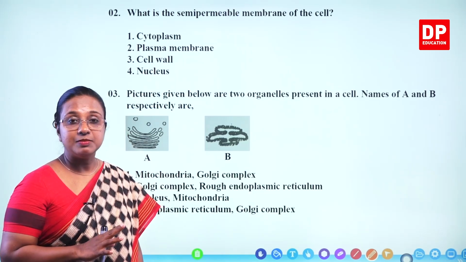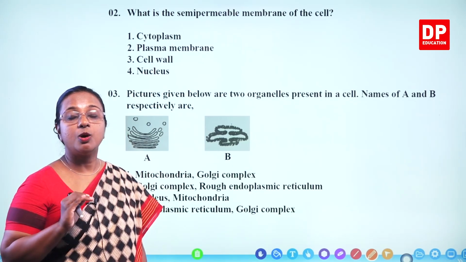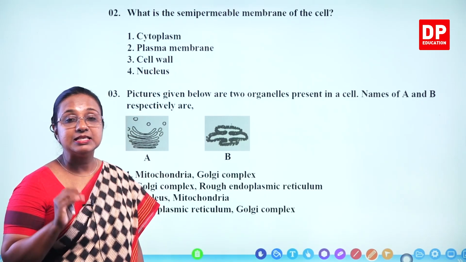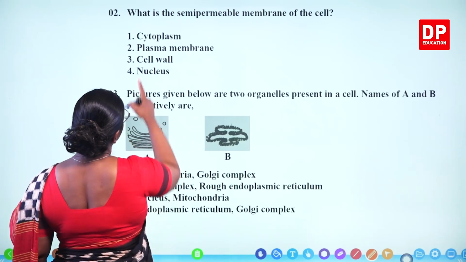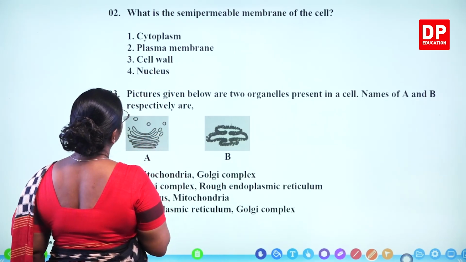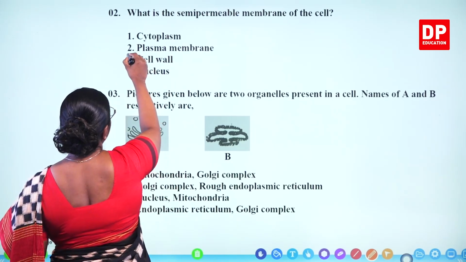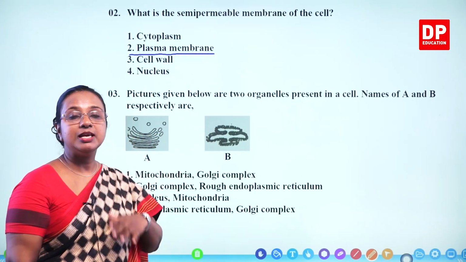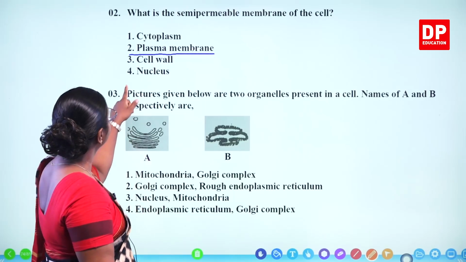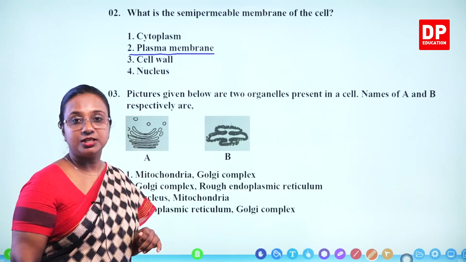Same in the animal cell, the cell membrane or the plasma membrane is semi-permeable. Let us look at the answers. Cytoplasm, not a membrane. Plasma membrane, yes, that's the correct answer. Cell wall is completely permeable. Nucleus, it is not a membrane.